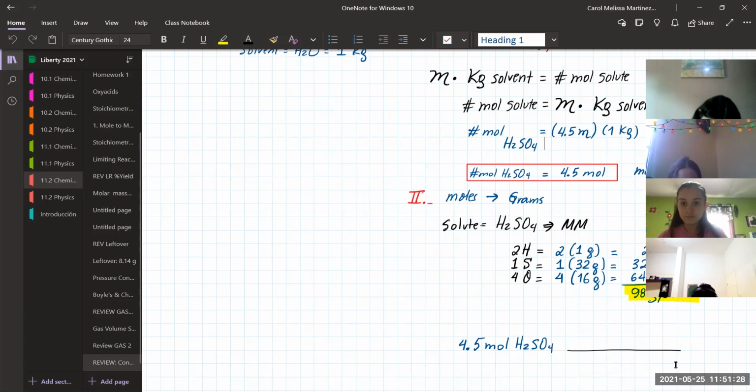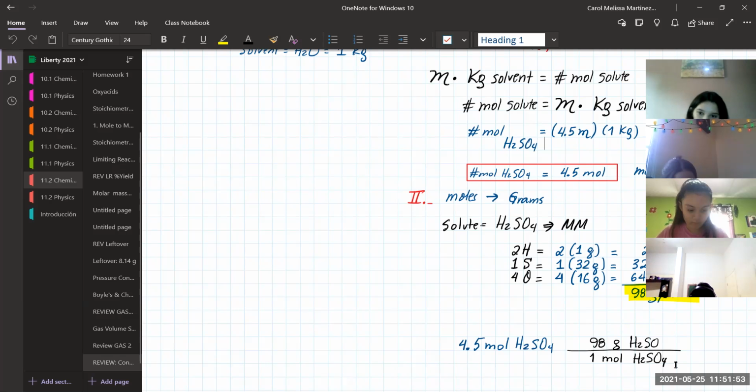So here you're going to write 1 mole of the substance that is sulfuric acid, and on the top you will be writing the number of grams, 98 grams of the same substance, sulfuric acid.